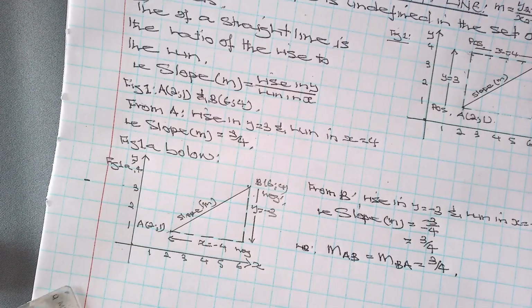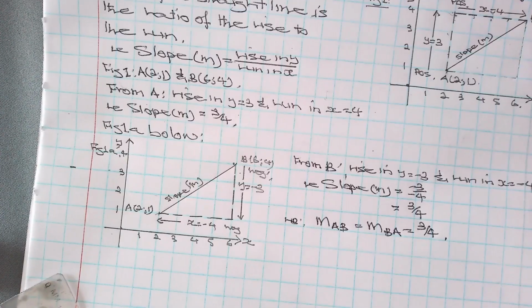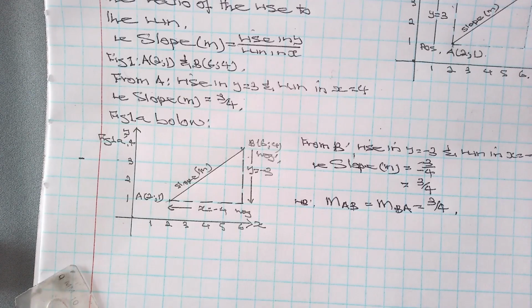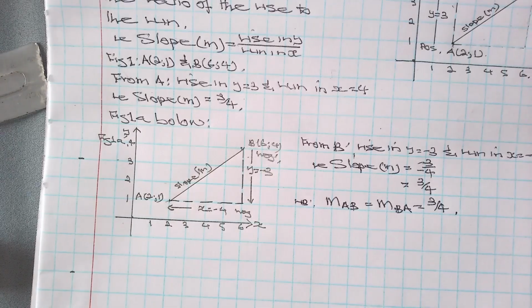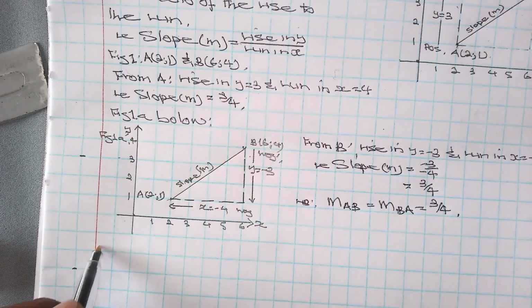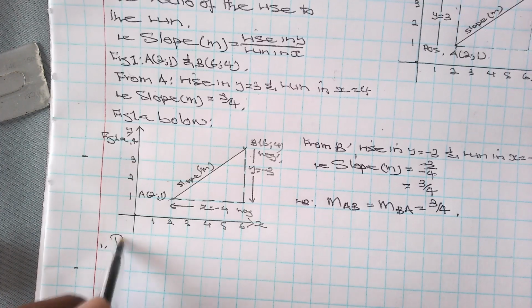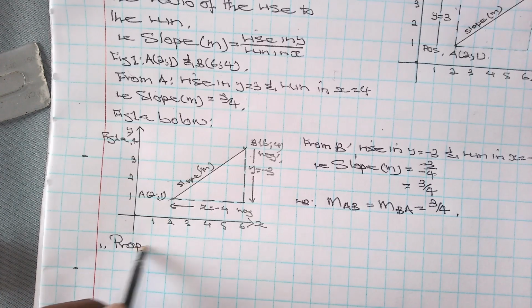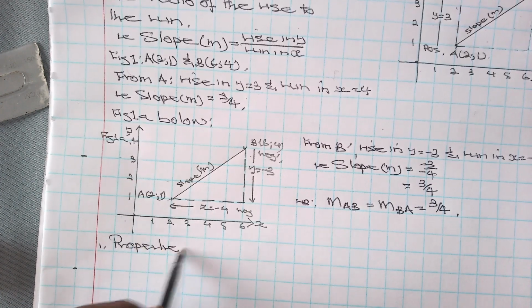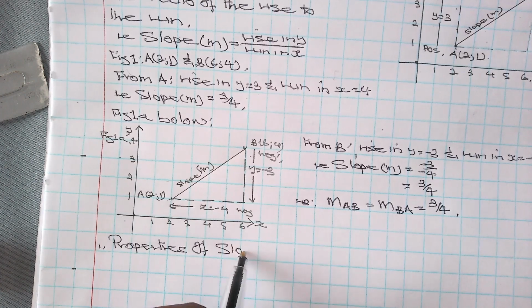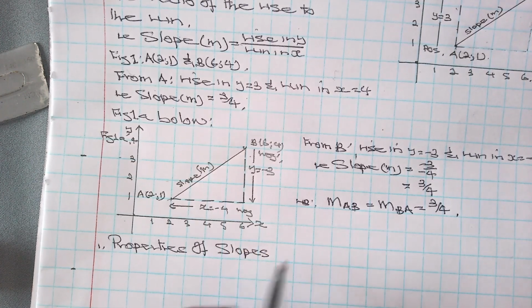Now let us go to the properties of slopes, which is very important, which is very critical for you to comprehend now, so that when we go further, you don't get confused. Properties of slopes, which is m.